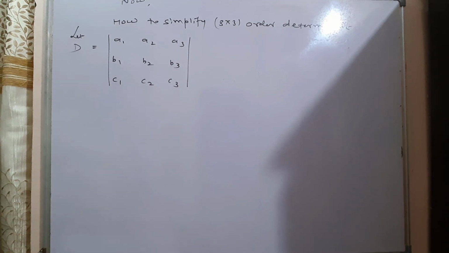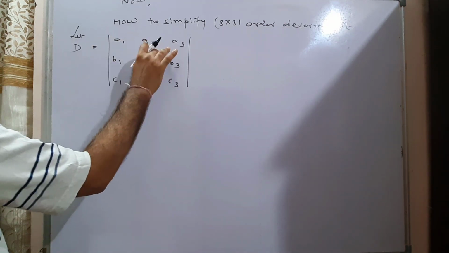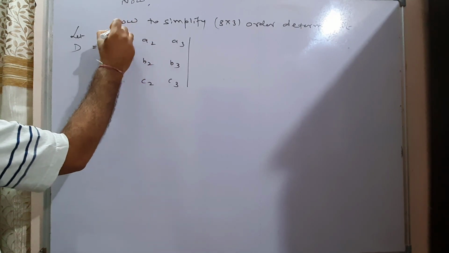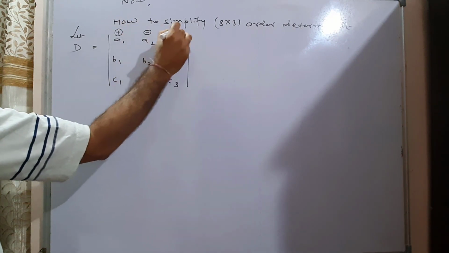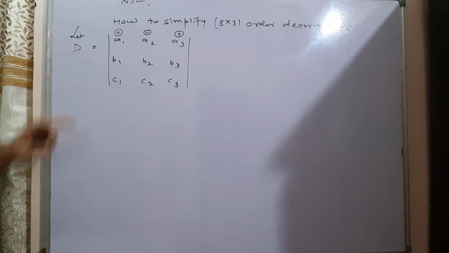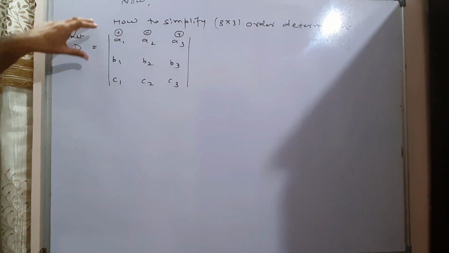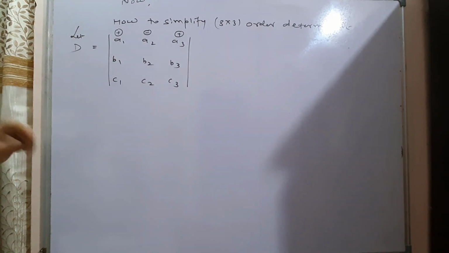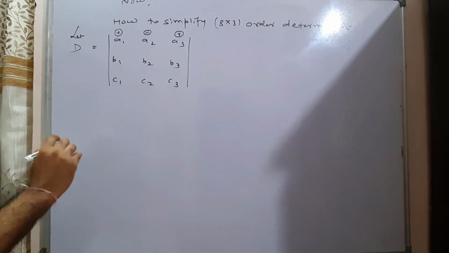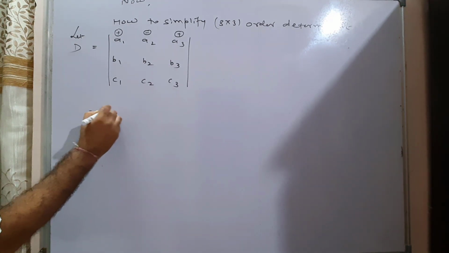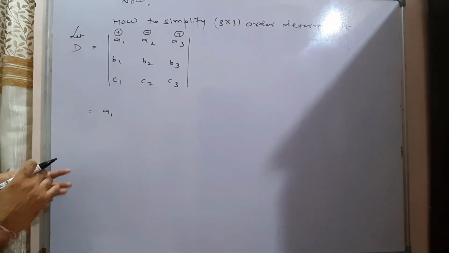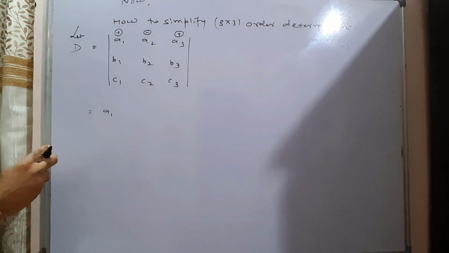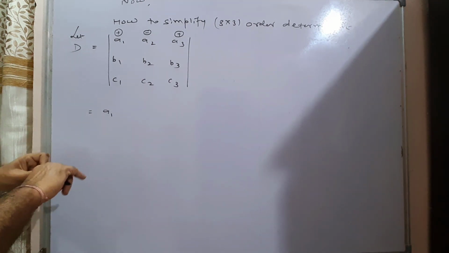Now if we look at the first row signs, they are plus, minus, plus. When you simplify this 3 by 3 determinant, you have to take any row and any column. The sign is very important. How do you simplify that determinant? A1. Now when you see A1, you drop that row and that column.